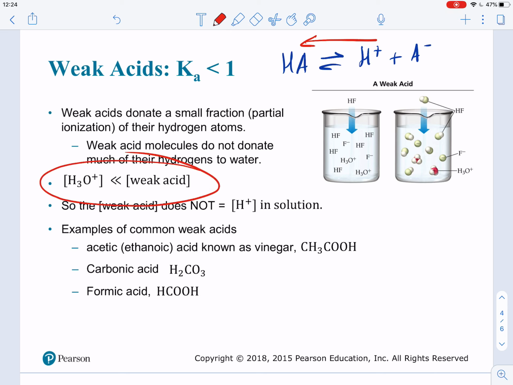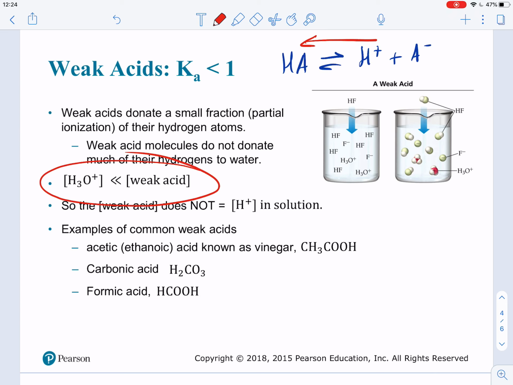So in the first case, if the acid is strong, the concentration of hydronium is going to be equal to the concentration of acid that you're adding. But in this case, if the acid is weak and is partially ionizing, then not all of the acid that you are adding converts to H3O plus. Therefore, the concentration of H3O plus is going to be much smaller than the concentration of the acid that you are adding.